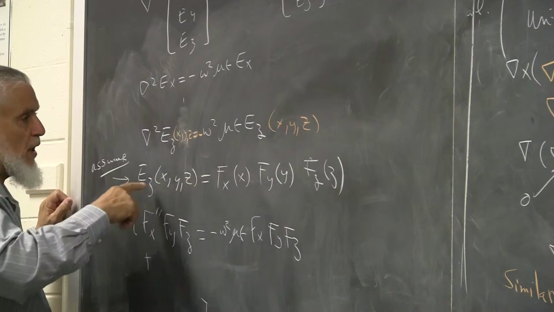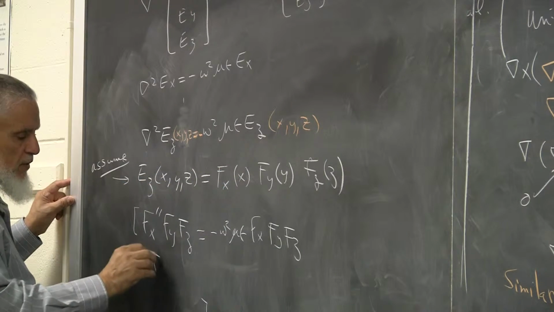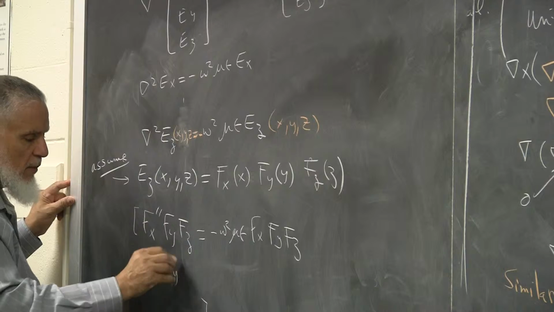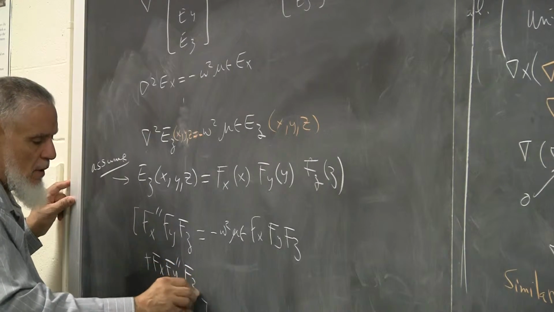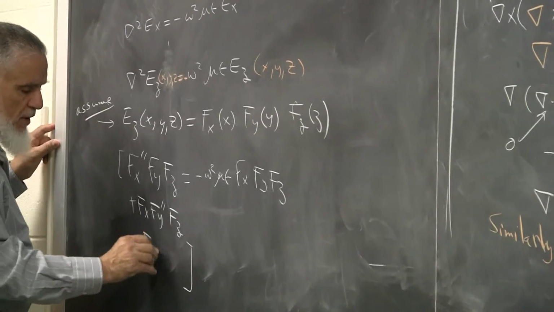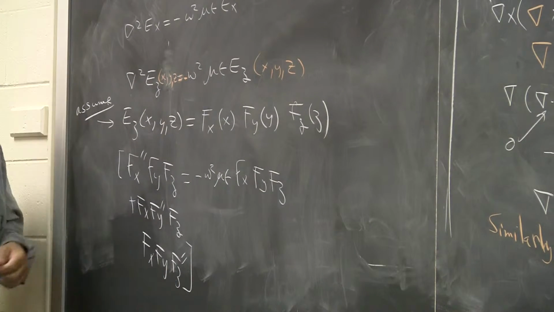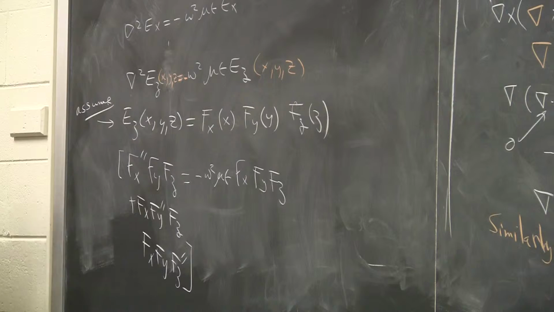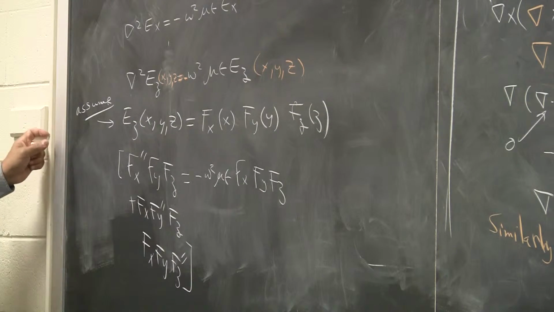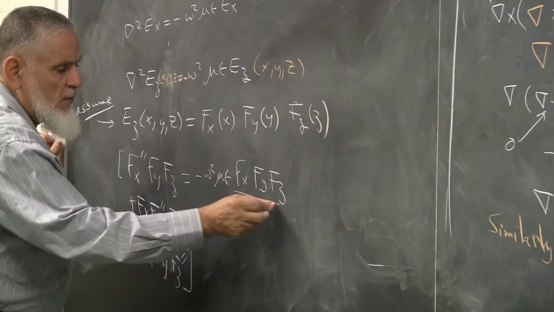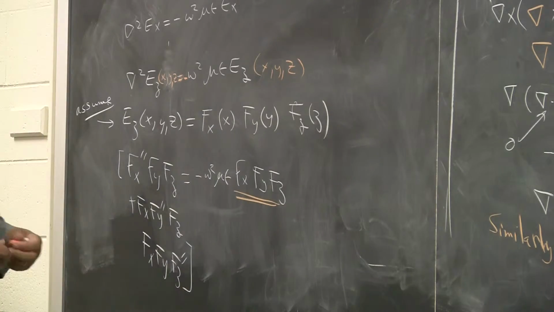I forgot to add here, I'm sorry, plus there's more to the left hand side. You differentiate it again with respect to y, you end up with fx fy double prime fz, and here you end up with fx fy fz double prime. And then we divide through by fx fy fz. What do we get?